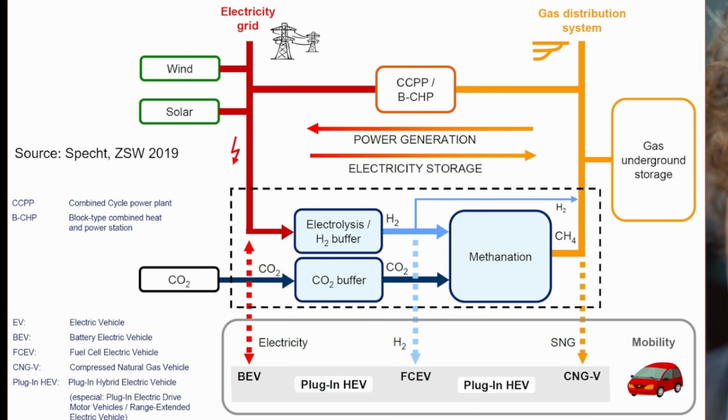Also we can use some parts directly, for example battery electric vehicles use electricity directly, or we can use fuel cell electric vehicles which work via hydrogen, or vehicles with a combustion engine that use methane.